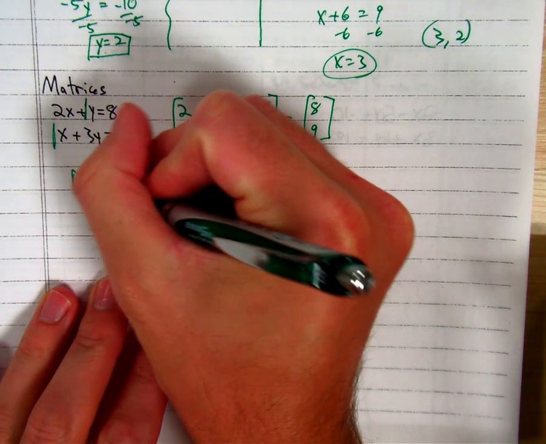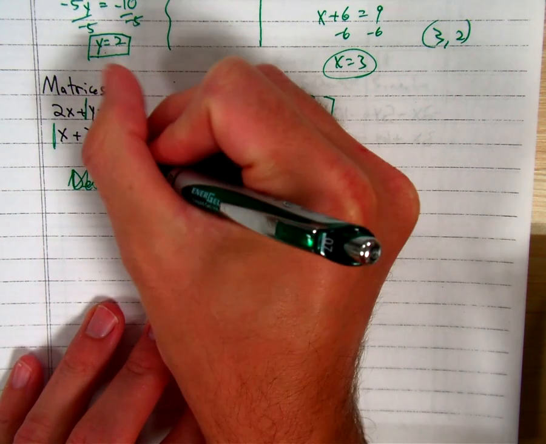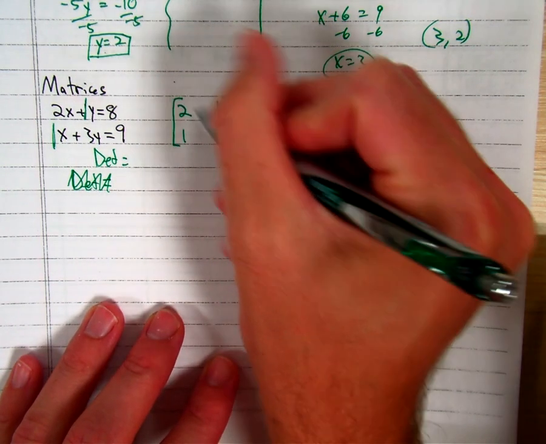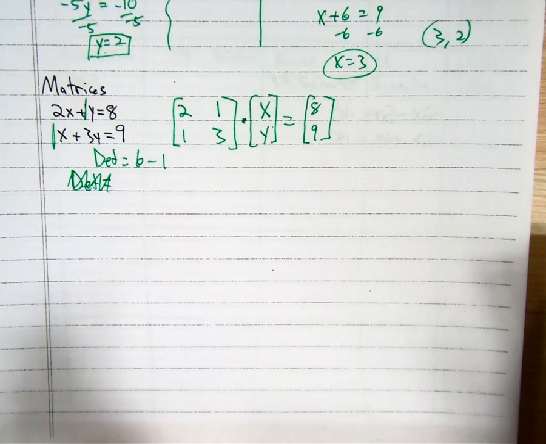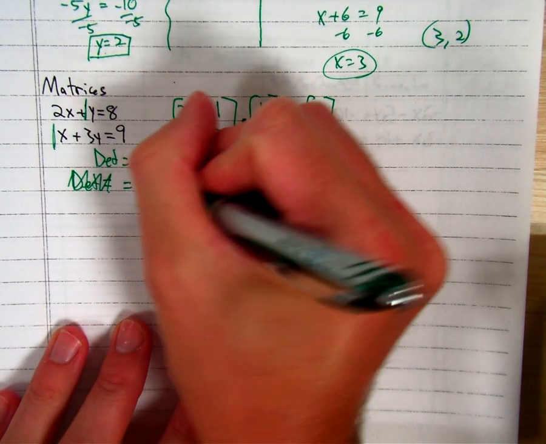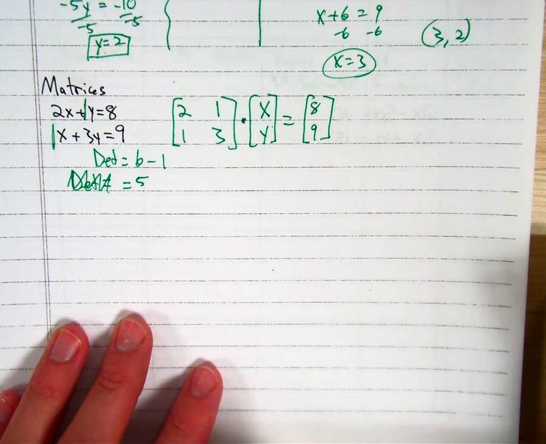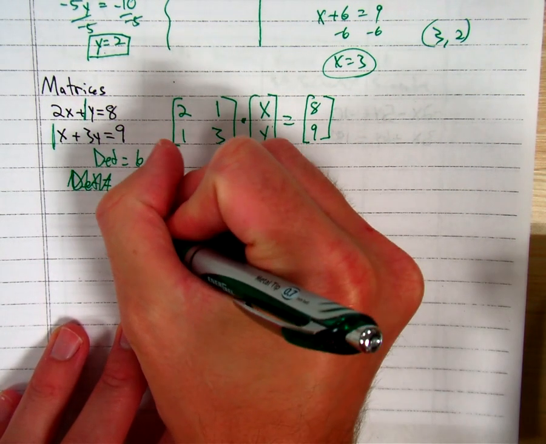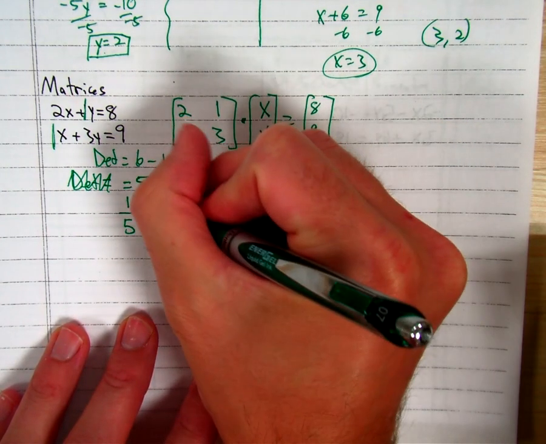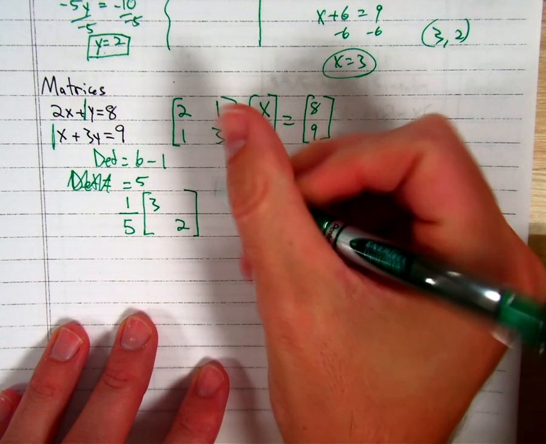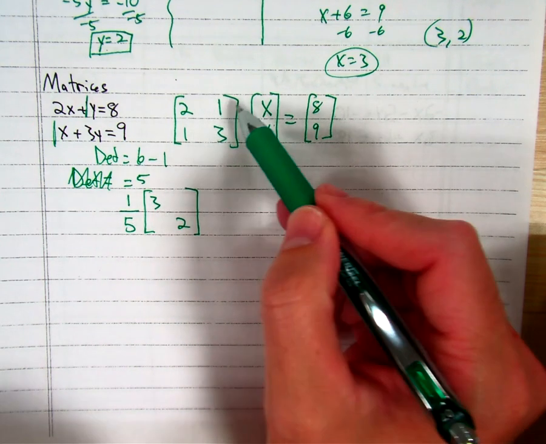Okay, our determinant equals, oh, I need to move up because this is going to be tight for space. Okay, 2 times 3 is 6, minus 1 times 1 is 1. Remember the determinant, difference of the diagonals? So our determinant is 5. Now to get the inverse, it's 1 over that determinant times the first diagonal flip-flop spots, and then these spots change their sign.